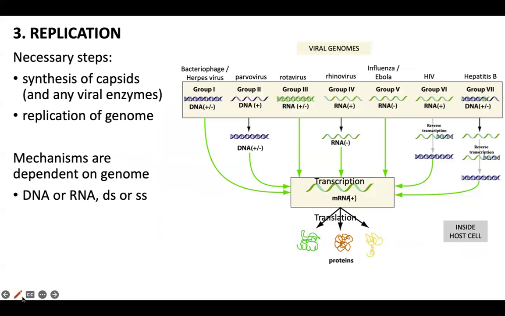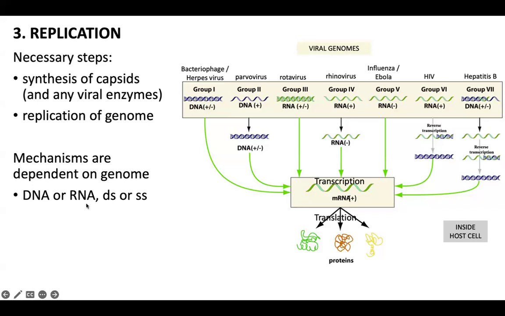Okay. And so for replication, there are two things that need to occur, right? So synthesis of the capsids, so the proteins that are going to make up the capsid, or the outer portion of the virus, it needs to make more copies of that, and it needs to make more copies of its genome, so the viral genome. How it goes about that is really dependent on what type of genome it has.